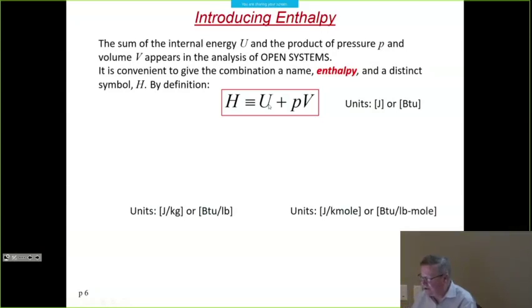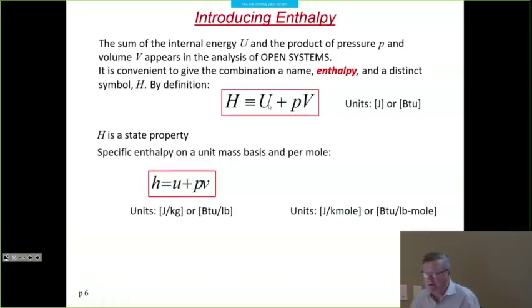And that has a new name. It is here in absolute numbers, so it's in joules or in BTU. That is to say, these are the extensive versions of it. It is a state property, and you can have it in intensive properties as well. So you can divide this by mass, and the volume by mass. Then you have the specific enthalpy per mass, the specific internal energy per mass, and specific volume per mass.